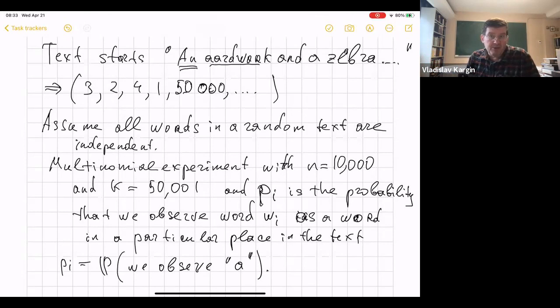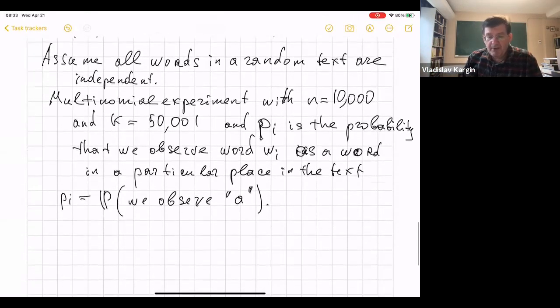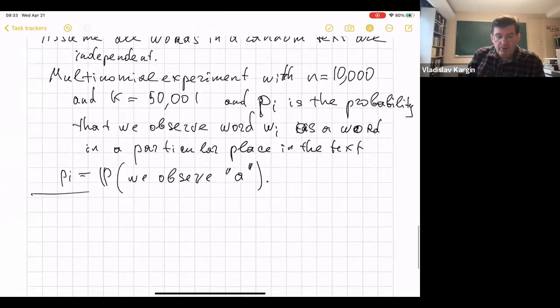So this is an example of how this model in principle can be applied to modeling a real situation: a multinomial random variable as an application to the modeling of texts.